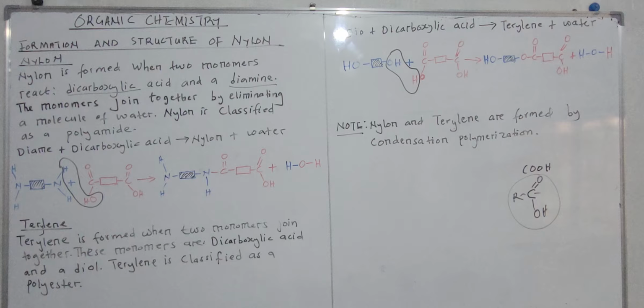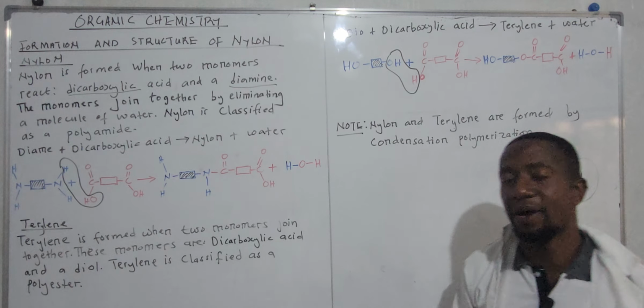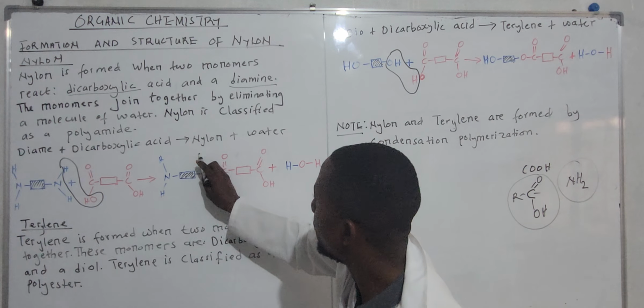Then we also have a diamine. Di again means two, so you have two of these amine groups. They react together to give us a nylon. A nylon is also classified as a polyamide because of the amide bond here.